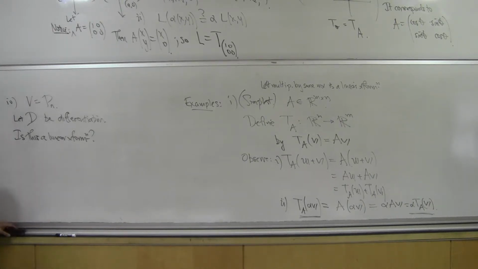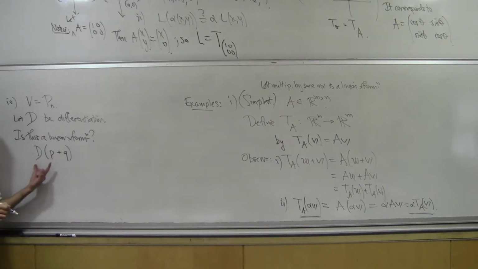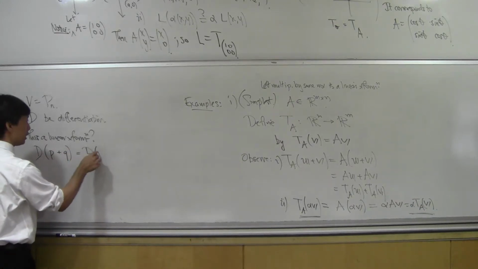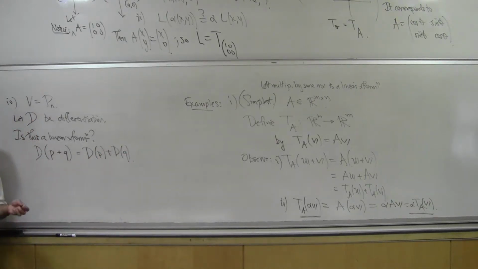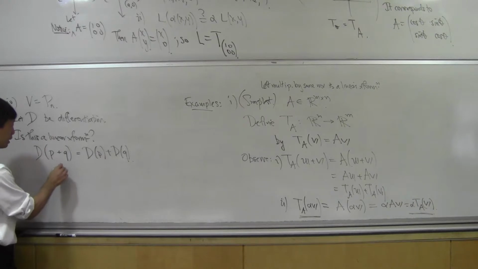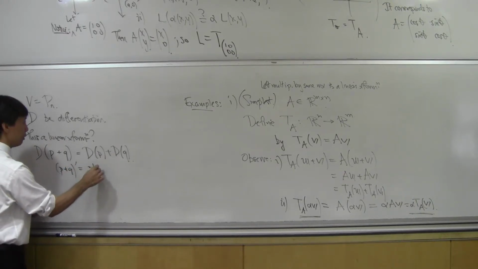Okay, so is it a linear transformation? It is. Yes, it is. Because in order to check it, your question is, if I have two polynomials, p and q, and I add them together and differentiate them, do I get the same thing as if I differentiate each one and then add them together? Sure. The derivative of a sum is the sum of the derivatives.